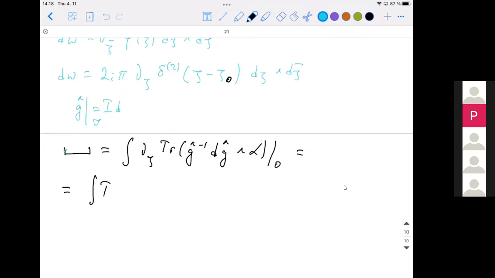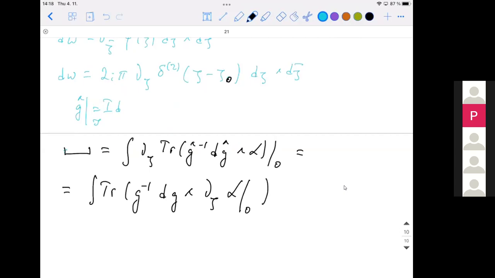And so then trace G minus 1 and dG delta Z L at 0.